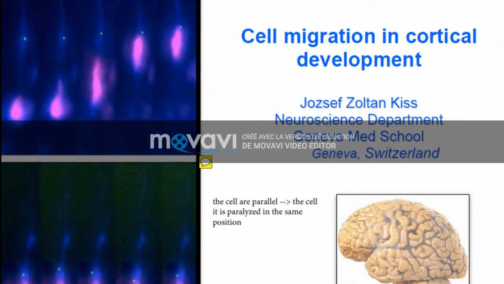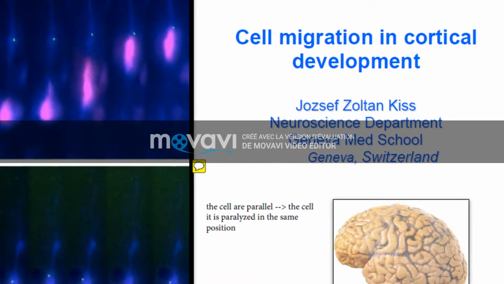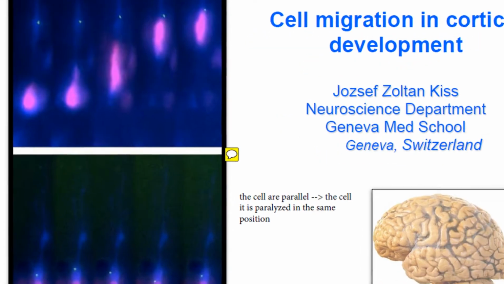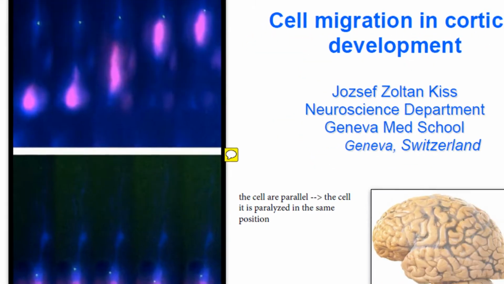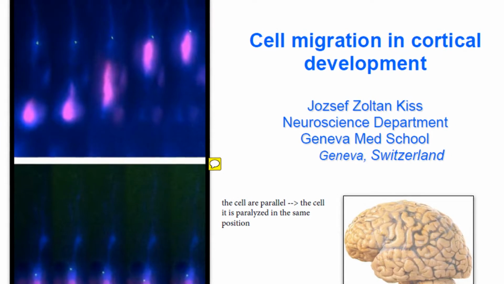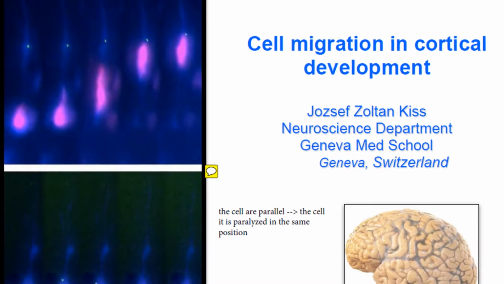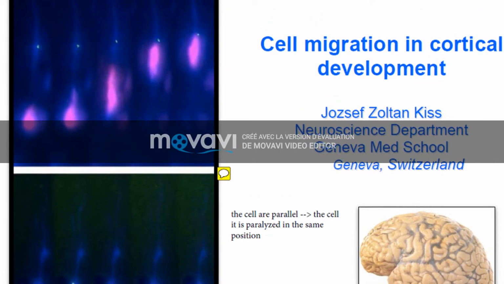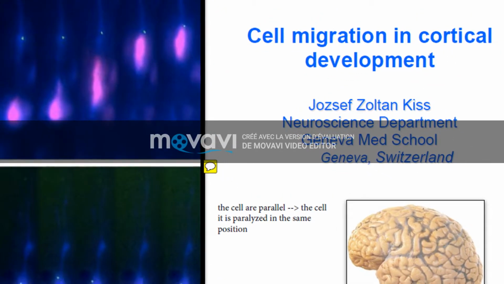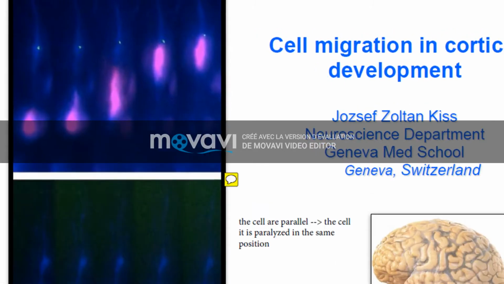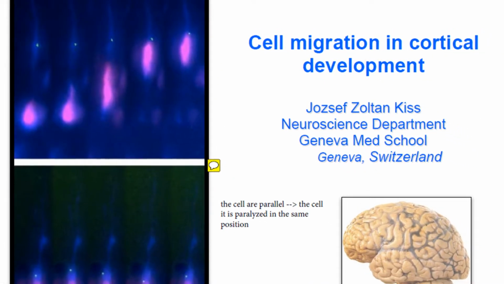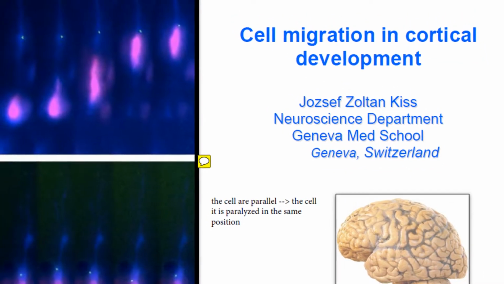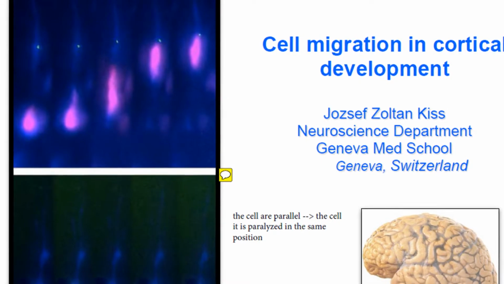To cut the long story short, they discovered that striatal cells produce negative, repulsive factors, namely semaphorin. Remember I told you, interesting name, the stop signal, the semaphore. So striatal cells produce this, and the migrating cortical neurons coming from here will detect these negative signals, and this is why they will avoid entering into the future striatum.